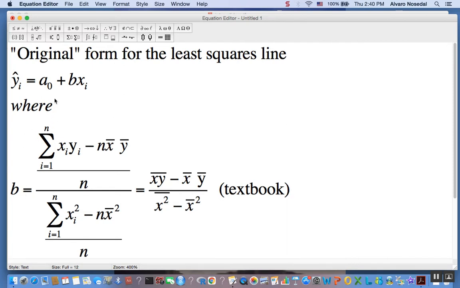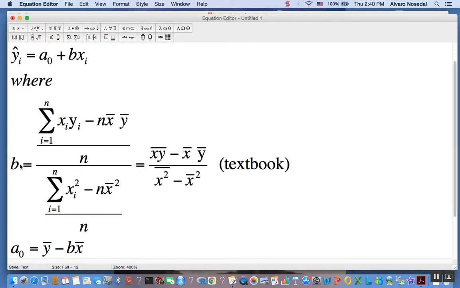And in your textbook, they use that notation a sub 0 to underline that this is the y-intercept when x equals 0, the predictor is equal to 0. So after taking partial derivatives of the sum of squares for errors with respect to a and b, we ended up with these formulas. This was the formula for the slope, and this was the formula for the y-intercept.